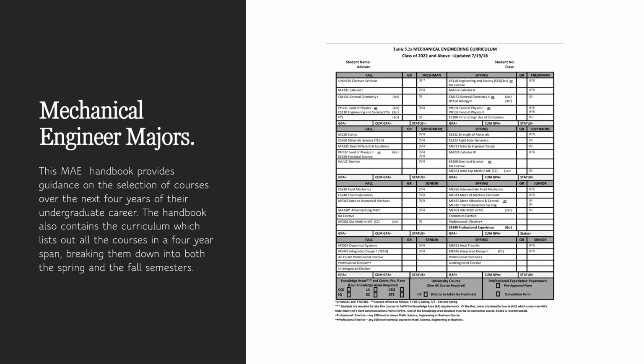So this is the traditional curriculum that a student is provided as a path or guideline through their 4 years of undergraduate studies. This MAE handbook provides a guidance of selection of courses over the next 4 years of their career. The handbook also contains a curriculum which lists out all the courses in a 4-year span, breaking them down into spring and fall semester.